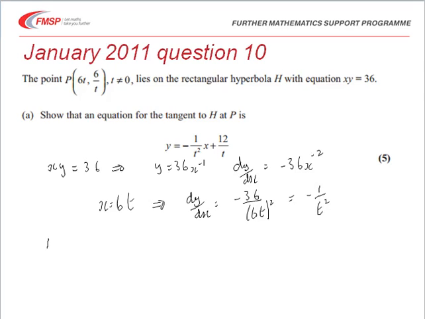The equation of the tangent then is found by substituting the values we know into the standard equation for a straight line. So it's y minus the y value 6 over t is equal to the gradient -1 over t squared multiplied by x minus the x value that we know, which is 6t.